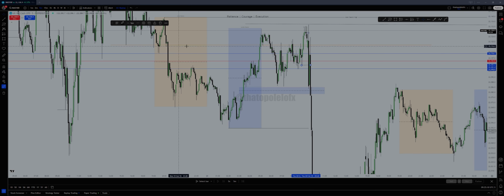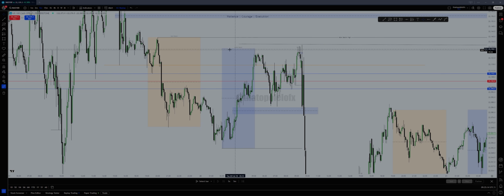This is the high of the fair value gap that I marked, and then immediately after taking the high of the London session, price was entering into another fair value gap right here. After taking the high of the London session, price got into a fair value gap that has an order block.